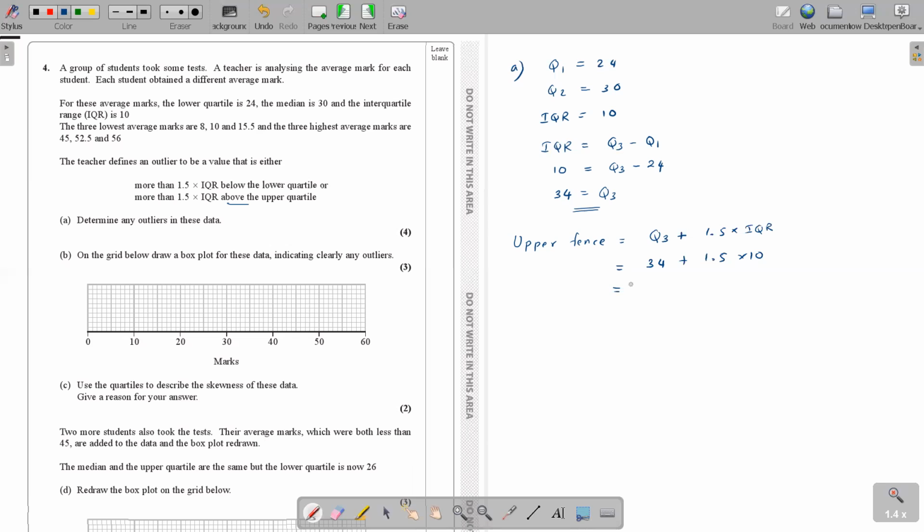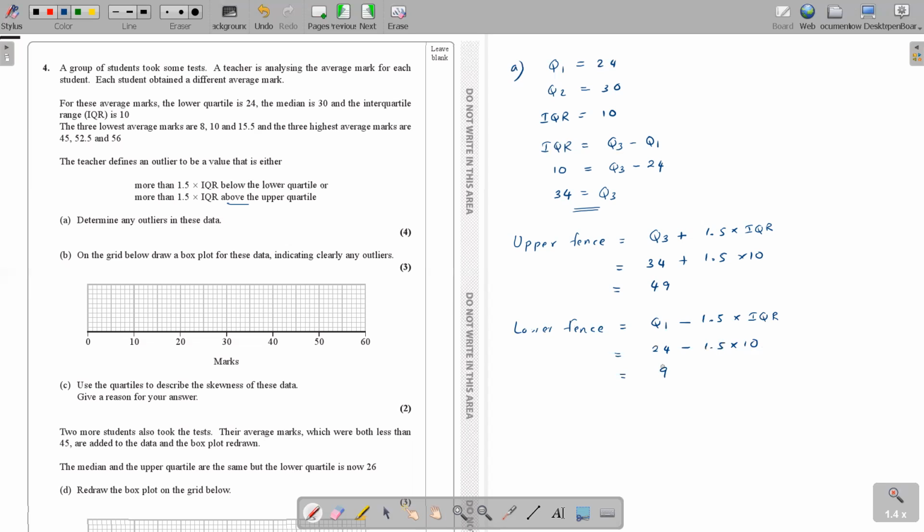The upper limit? 49. And then the lower limit, the lower fence. Below the lower quartile, it is Q1 minus 1.5 times IQR, because you have to go below the lower quartile. How much is it? 24 minus 15, that's 9, right? So these are your upper and lower boundaries.